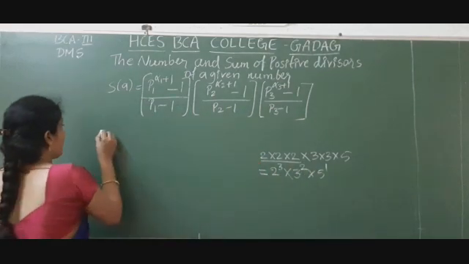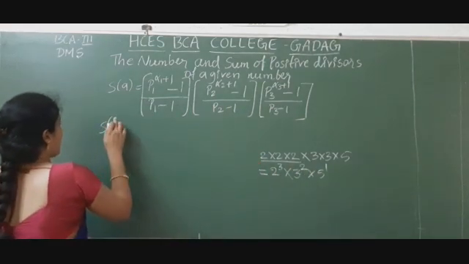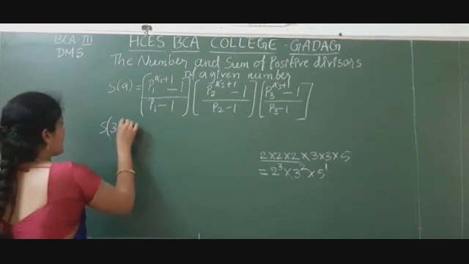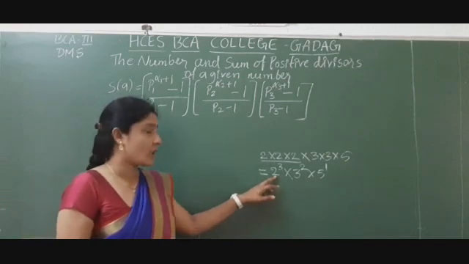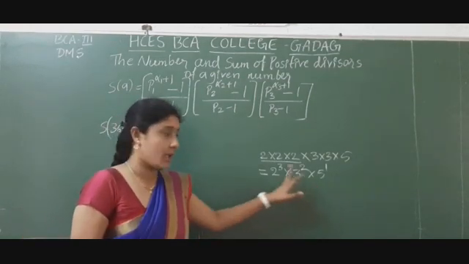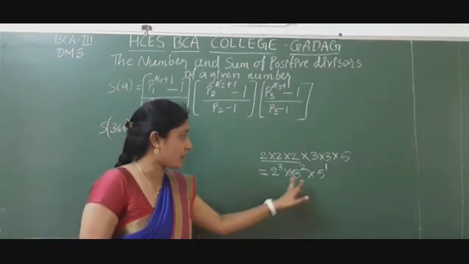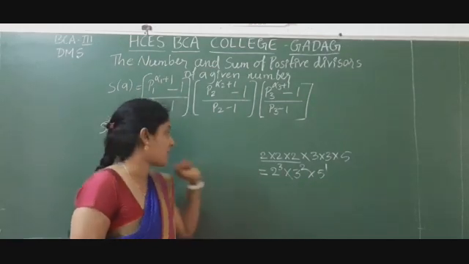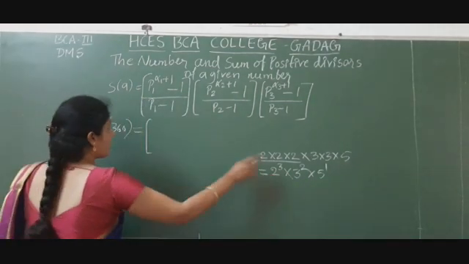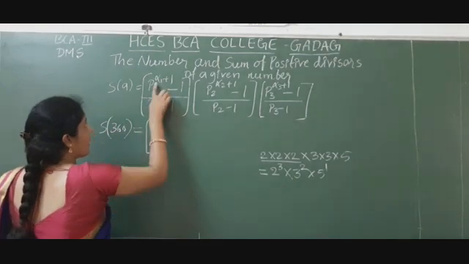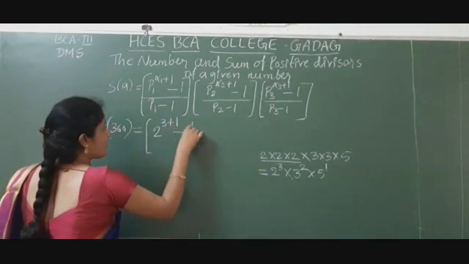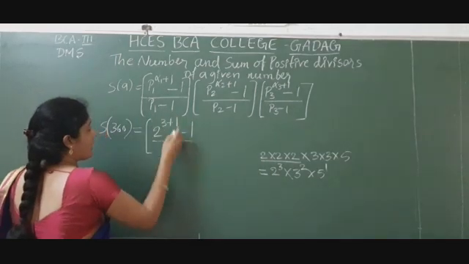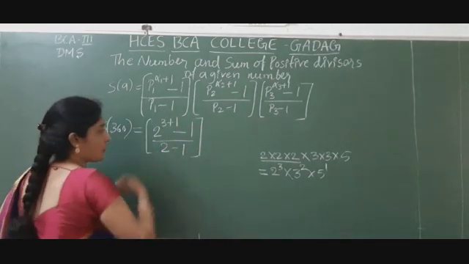Okay. Now, S of A, that is S of 360, is equal to... what is P here? P is nothing but 2, 3, 5. P1, P2, P3, which are nothing but the prime numbers. So P1 is 2 raised to alpha 1, which is 3, plus 1, minus 1, divided by P1 minus 1, that is 2 minus 1.